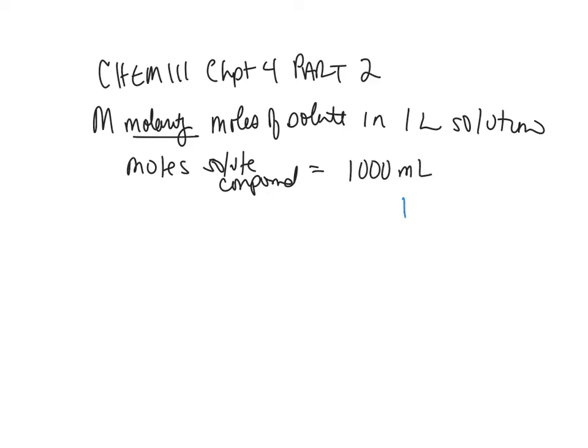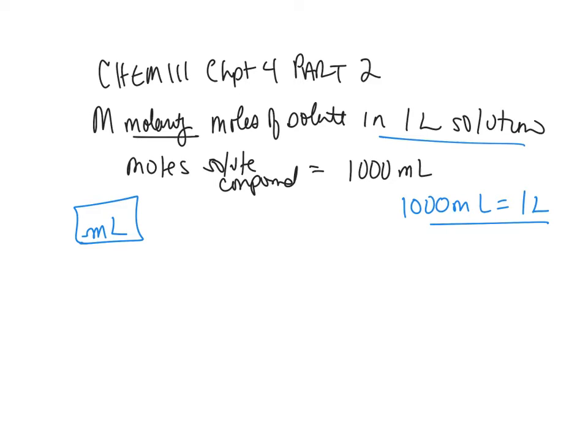That's because 1,000 milliliters equals 1 liter. It just saves me a step because most of the time when you're working in the laboratory, you're measuring out solutions in milliliters. So molarity is the unit. You can just write M, big M, for working with solutions.